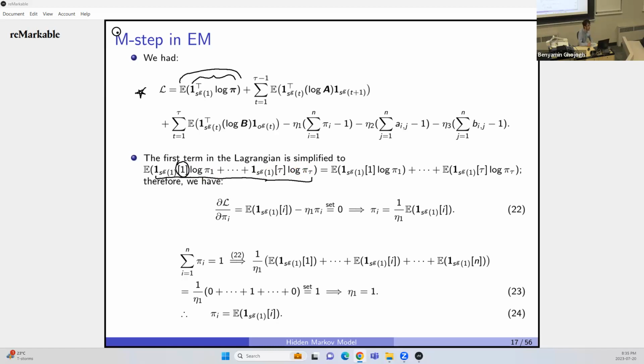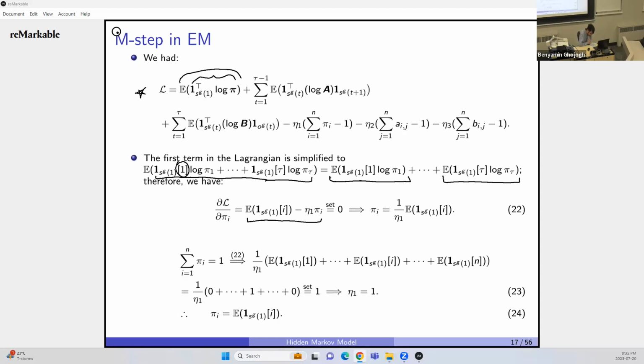And I know expectation is a linear operator, so I can write it in this way. Now one of the optimization variables was π_i, right? So I take the derivative with respect to π_i, for a specific i. Therefore, all the other terms are constant and go away, and I will have only this.